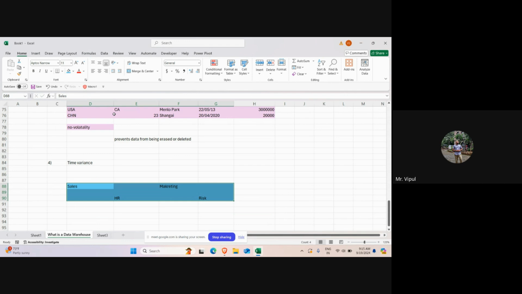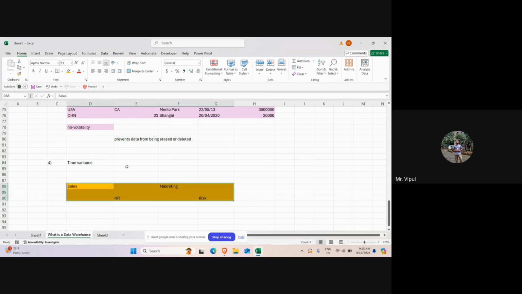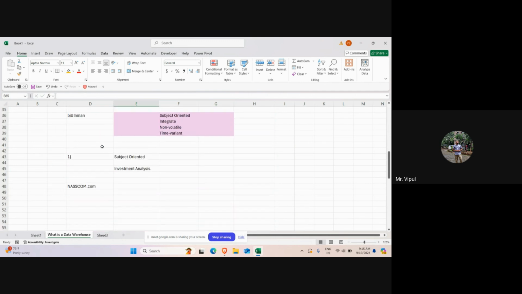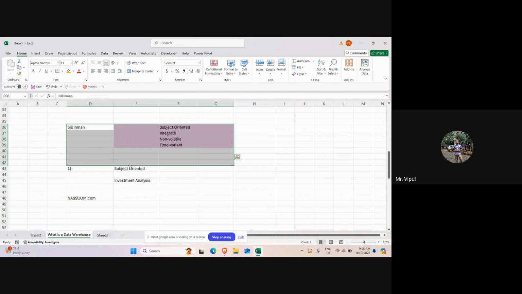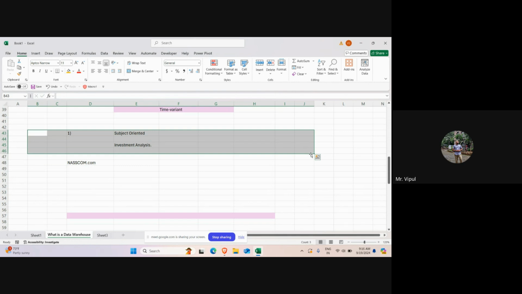So all of this is solved by your data warehouse. So that's why a data warehouse is needed, right? So if somebody asks you in an interview what is a data warehouse, you should tell this, and you can obviously explain this example to explain this particular point.